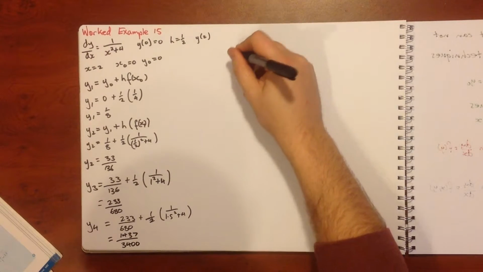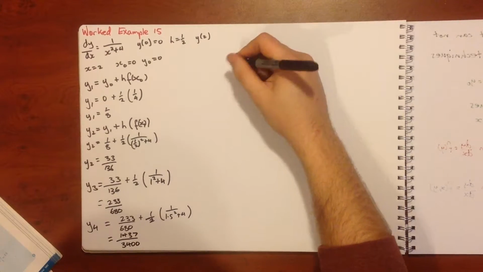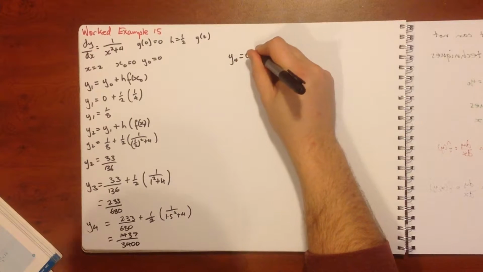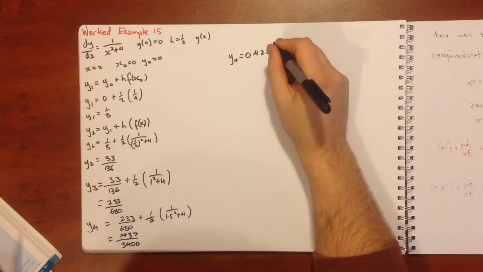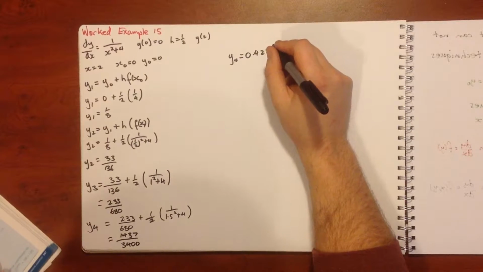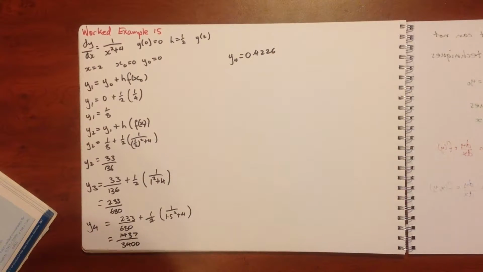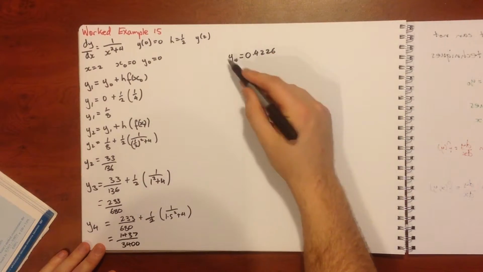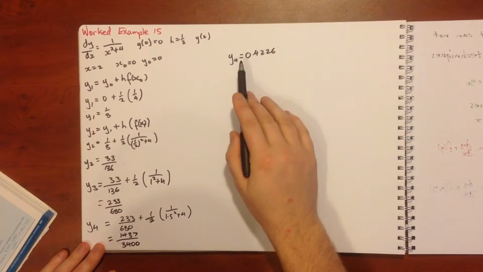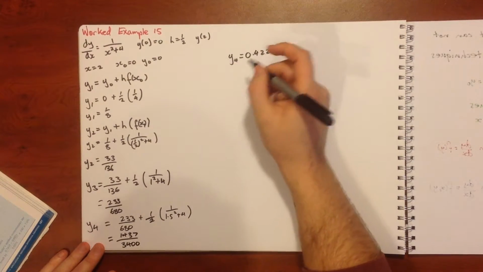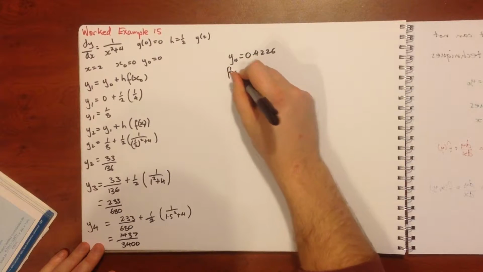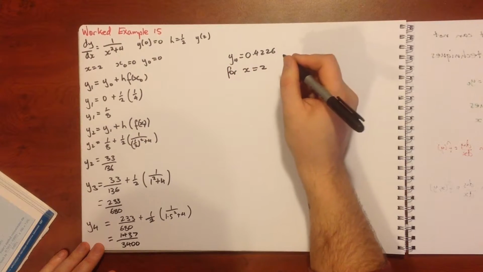So our y of 4, our approximation, is 0.4226. That's our fourth one, so that's our approximation for x equals 2.